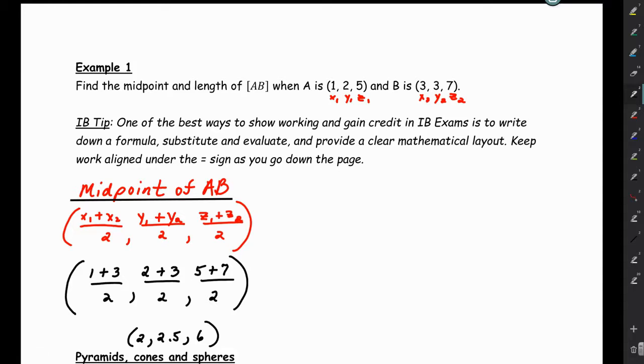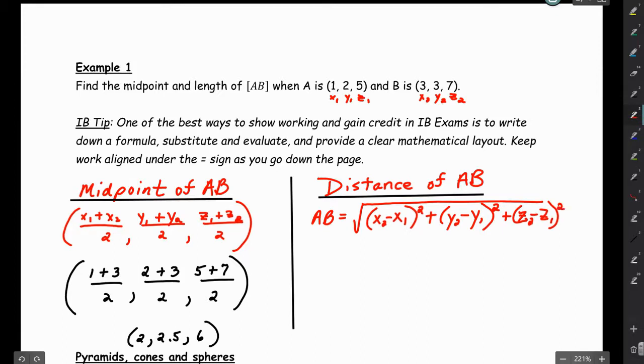Okay, moving on to the length of AB, we're going to write down the distance formula. Okay, I have the formula written. Now I'm going to fill in the formula. And just a little side note, you don't have to write the formula. You're not going to lose points in IB if you don't. But if you're really a little bit uncertain, it's helpful to do that.